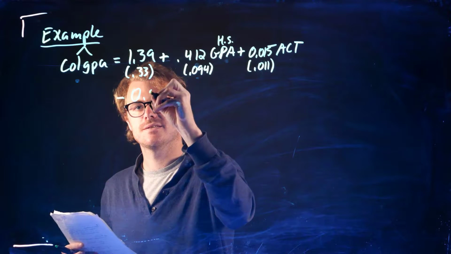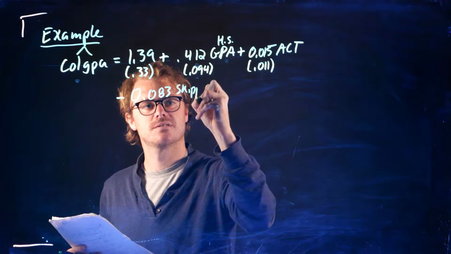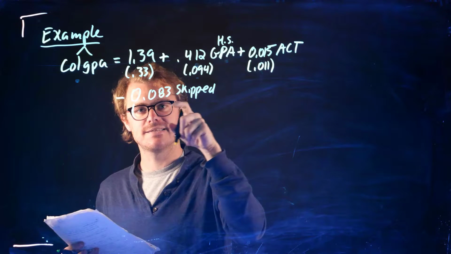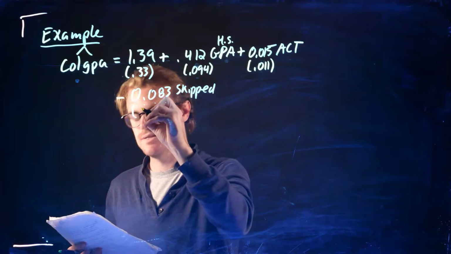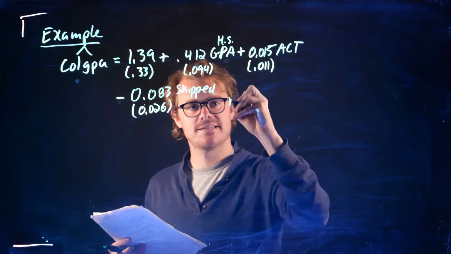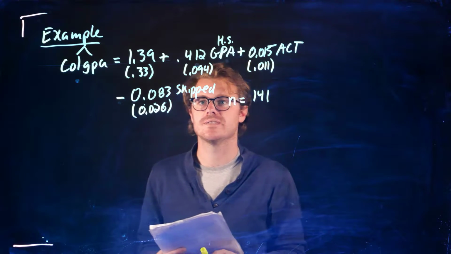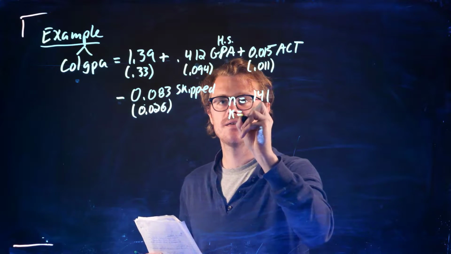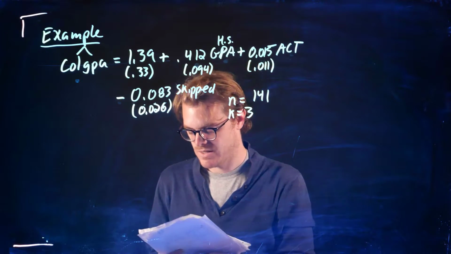So minus 0.083 times skipped. And our standard error for the beta hat skipped, which is minus 0.083, is 0.026. And let's say we have 141 individuals in our sample. So we know right away that our K, 1, 2, 3, is equal to 3.